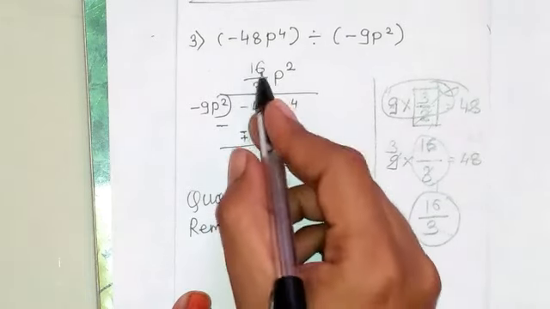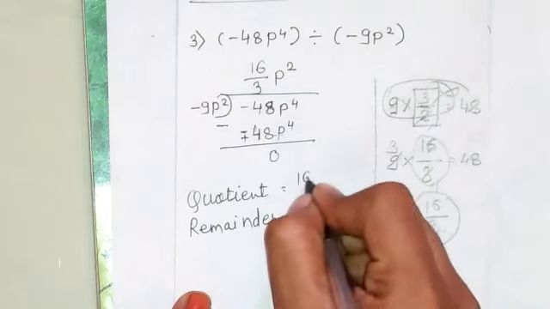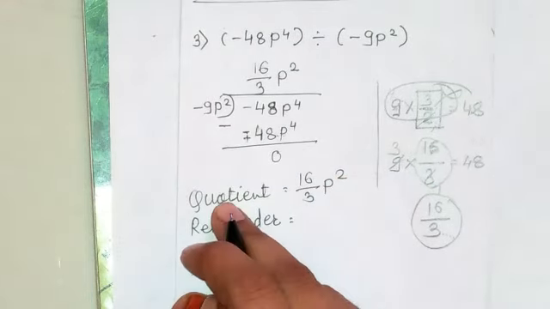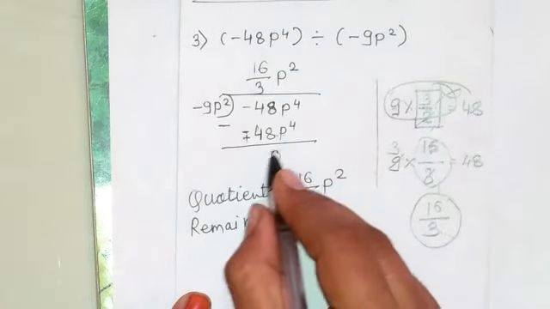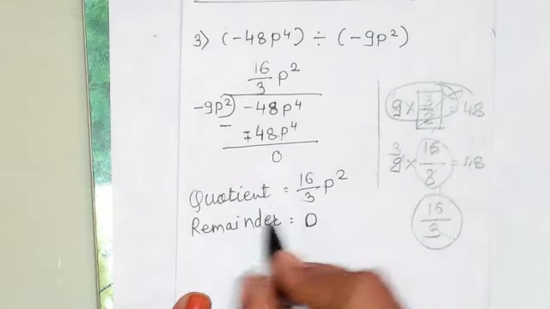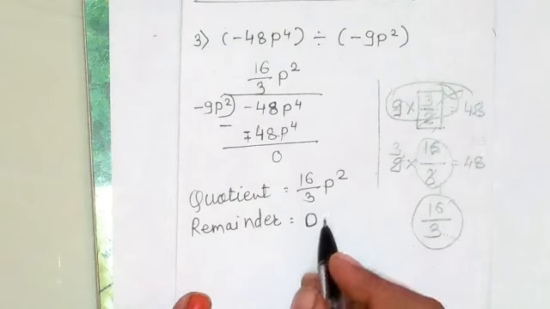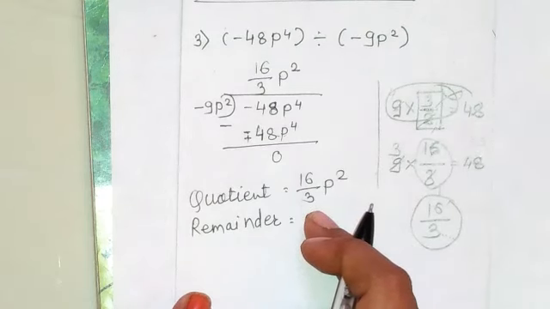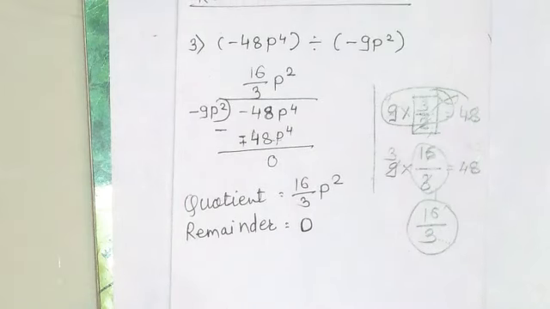This 16 upon 3 p square, this answer is called the quotient, and the figure which comes at the bottom is called the remainder. So the remainder will be 0. Don't forget to write these two terms because it is given in the question. If you want, you can take a screenshot.